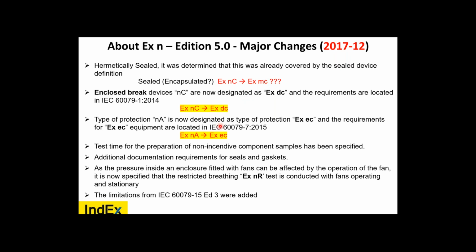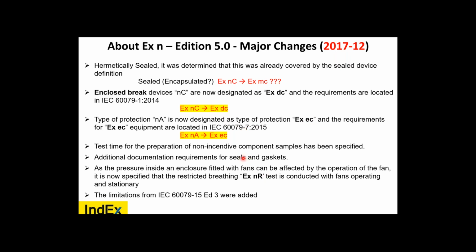Perhaps the next slide may explain. Enclosed break devices are now designated as EXEC and are now found under 60079-1. So EXNC enclosed break has become EXDC. EXNA is now designated as IECEx 60079-7.